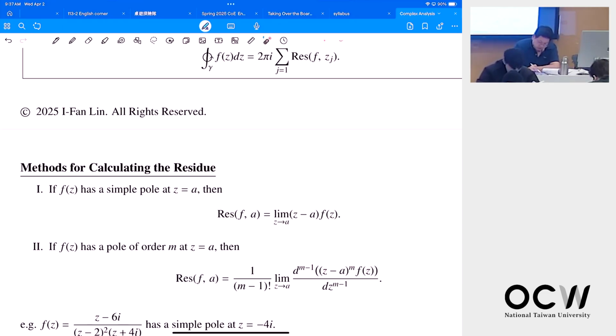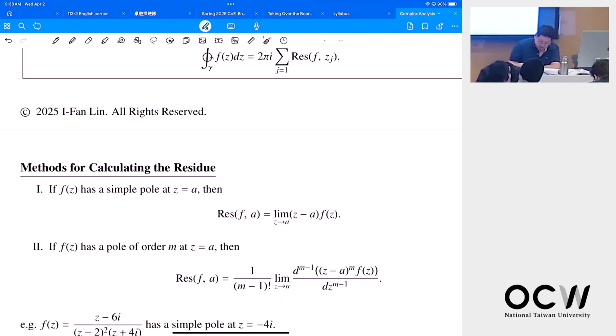If your function has a pole of order m, not just a simple pole, then your residue will be 1 over m minus 1 factorial, and then times this expression, as z goes to a.